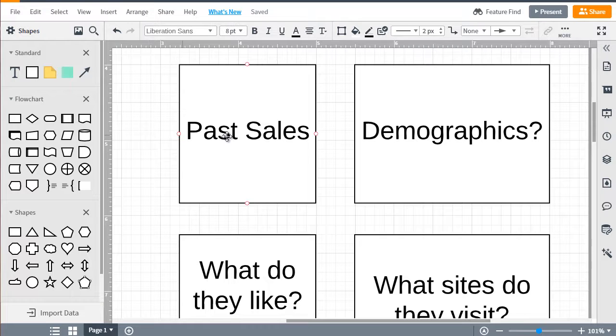Now, if you don't have any past sales, then you're going to need to get an idea of this. You can create it, the demographic data, and obviously you can start testing. But you're not going to know 100%. All this is doing is simply giving you a first step. All right. So this is not set in stone. This is not going to be forever. So past sales is one thing.